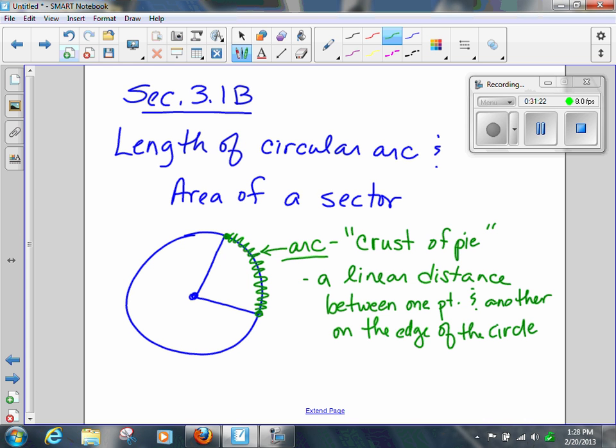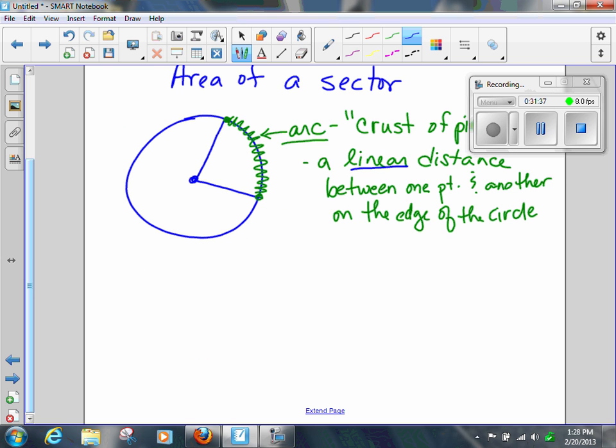So if you will think of an arc as being the crust, it's the outside. This will be measured, if it's a linear distance, folks, in inches, meters, centimeters, whatever. Okay? It's a linear distance. If I could literally take a tape measure and measure the crust, I can do that. I can bend it and measure the crust of a pie. So that's the arc of a circle.